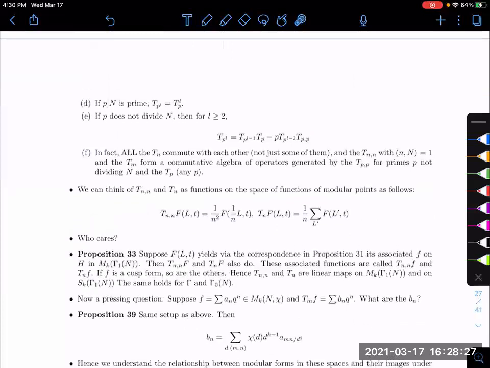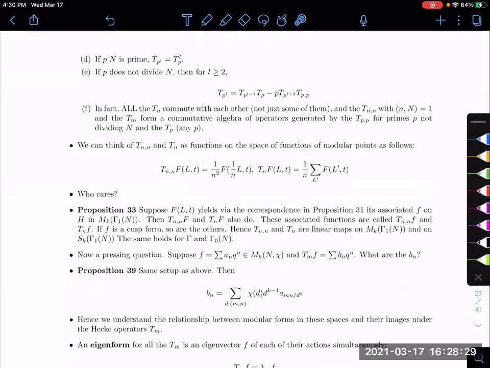So the next thing you want to be aware of is that you can not only think of these Hecke operators as operators on the space, script L or calligraphic L or whatever you want to call that, but you can also think of them in a very obvious way as functions on the space of functions on modular points, those capital F's that I defined earlier.